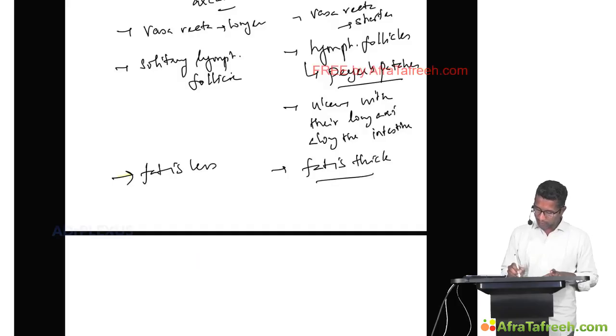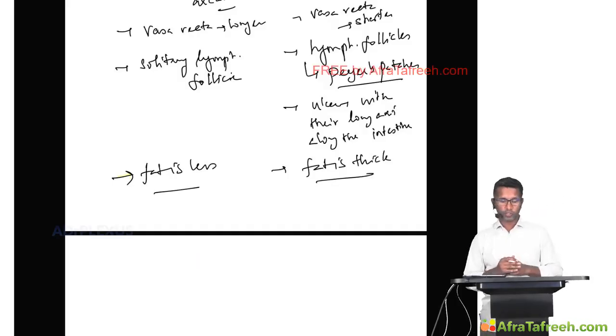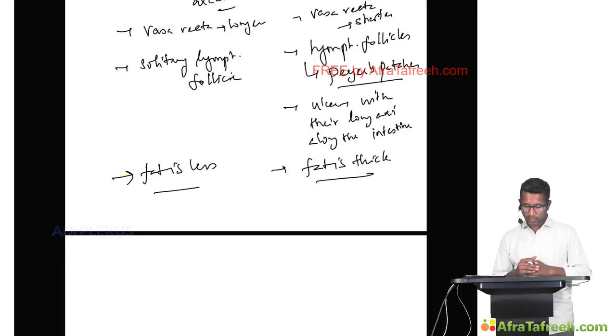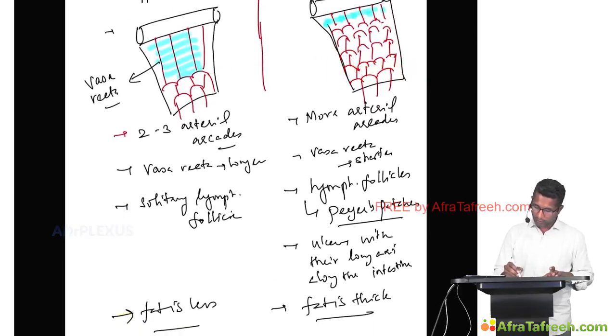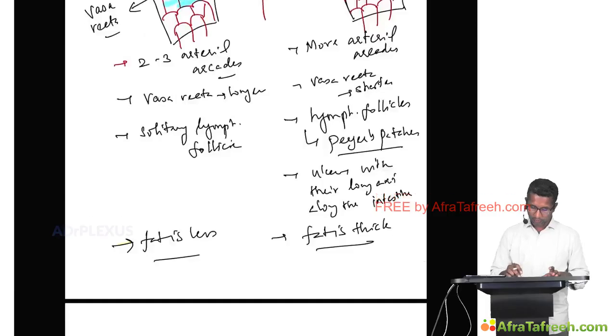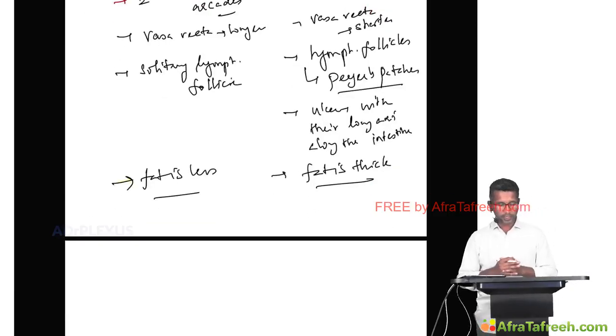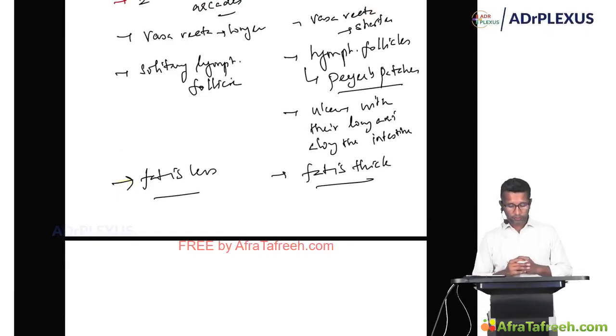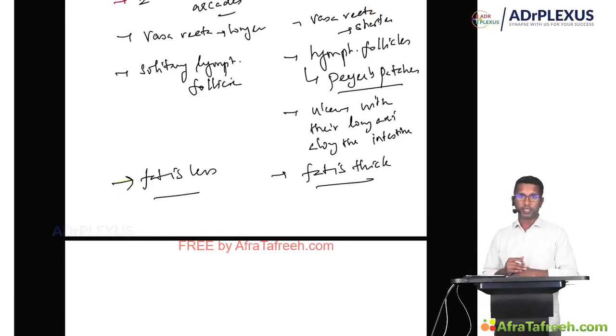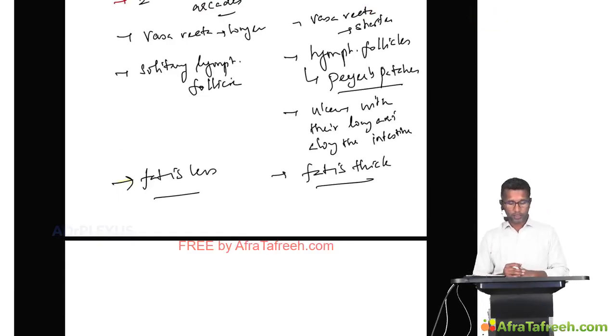You will see thick fat in the mesentery of the ileum, and the fat is thin in the mesentery of the jejunum. So these are certain basic differences between jejunum and ileum.